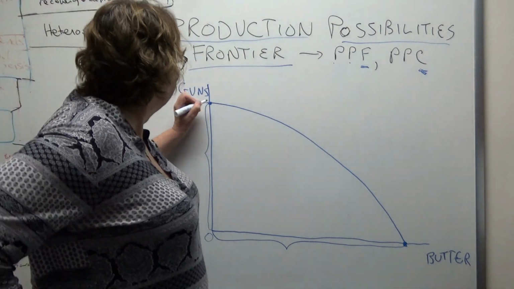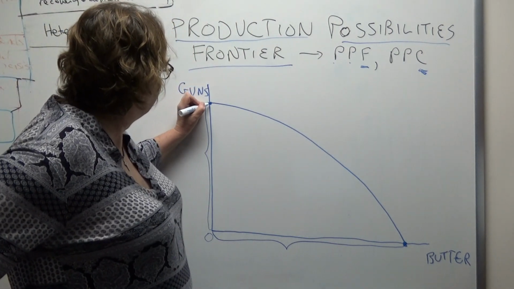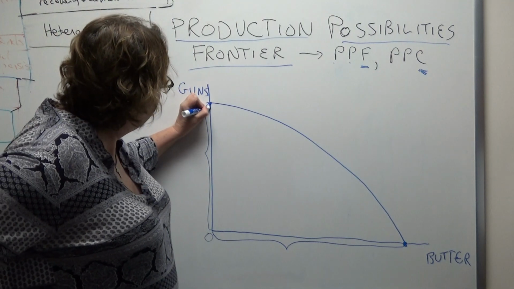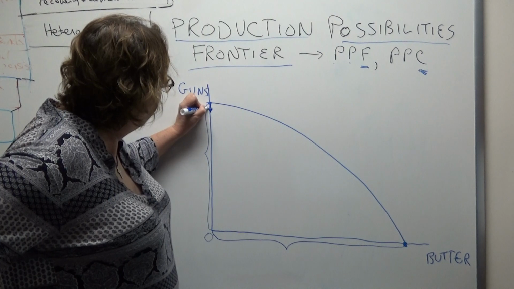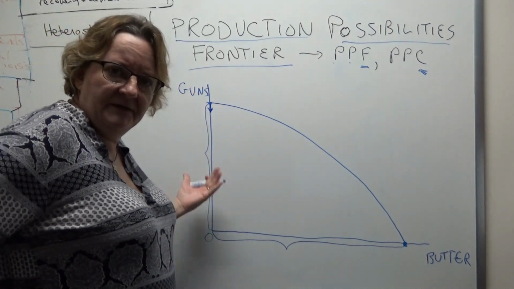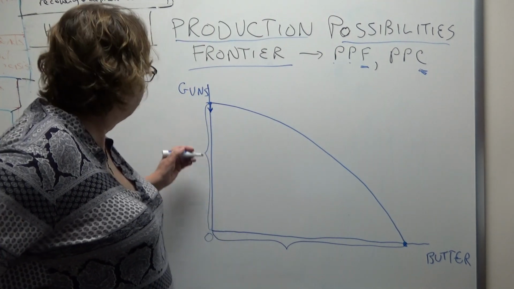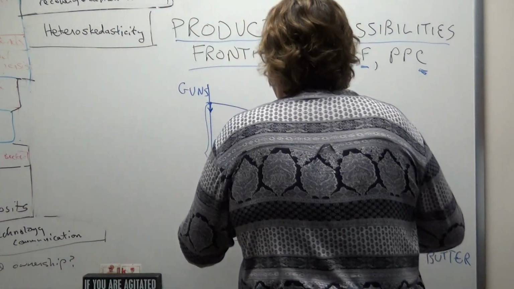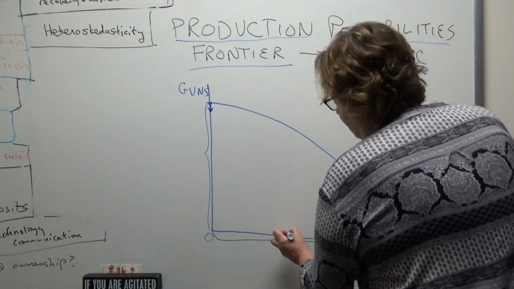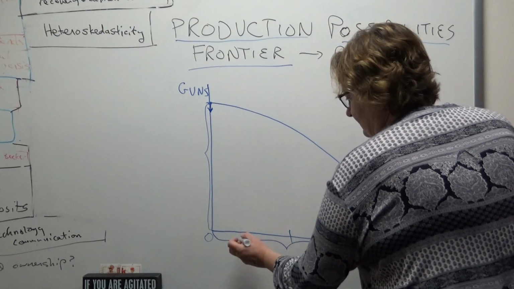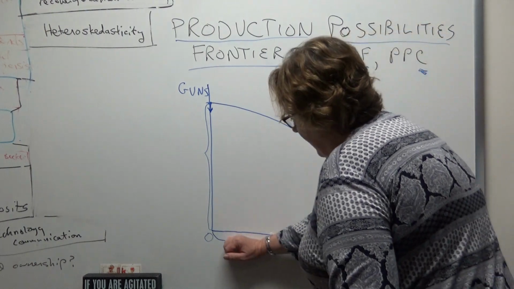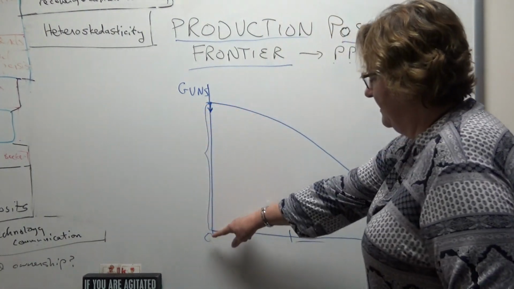I can explain that pretty soon, but let me get started on everything else. But what we find is, if you want to produce butter, you're going to have to give up some guns. So let's say we want to produce this much butter. Okay, so instead of all that butter, we had 0 over here when we had this much guns, right?